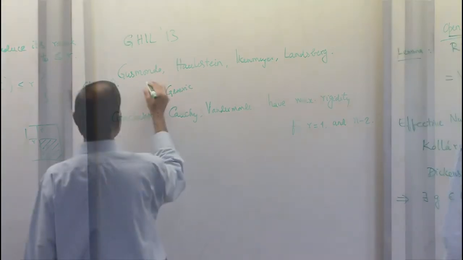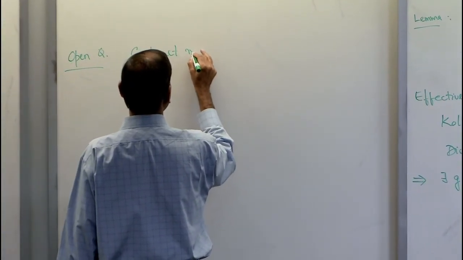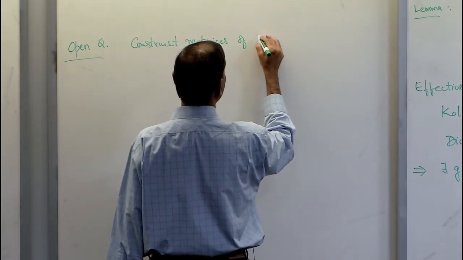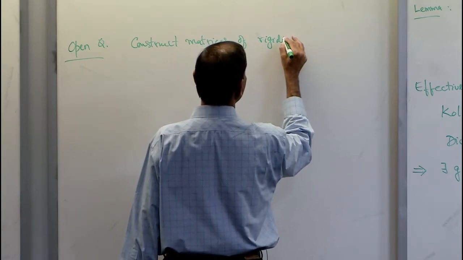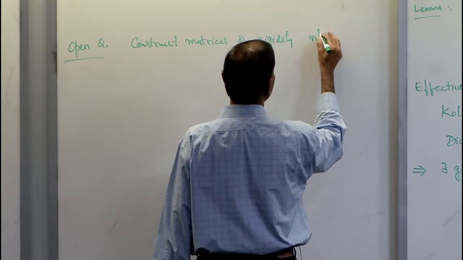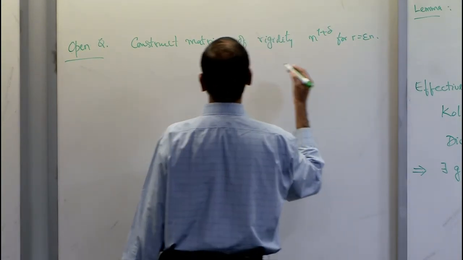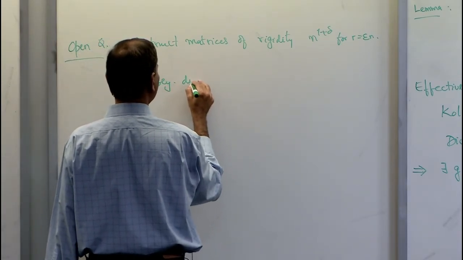And another open question is: construct matrices of rigidity, say n to the 1 plus delta for a target rank epsilon n, in polynomial-dimensional number fields.